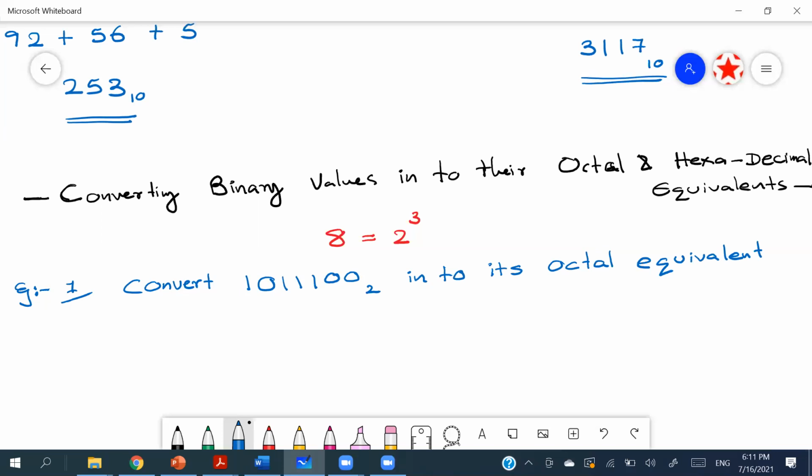So the task is given. Your task is converting 1 0 1 1 1 0 0, this is a binary value, into an octal value.